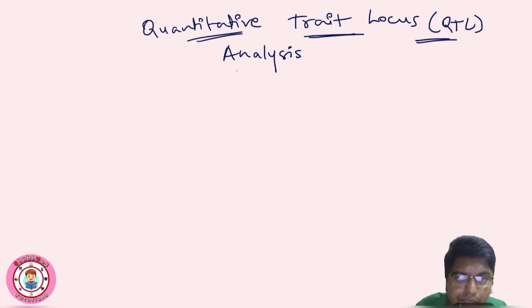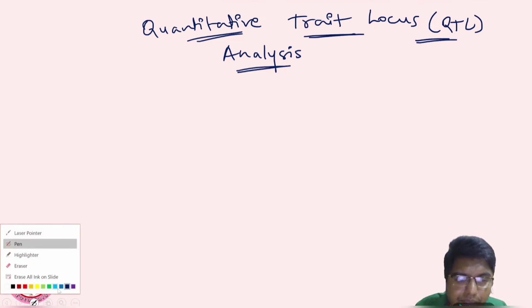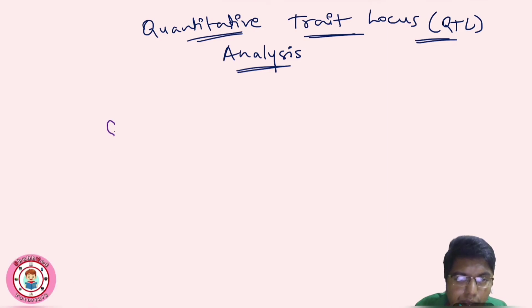Okay, alright. So the regions within the genome responsible for this quantitative trait are known as quantitative trait locus. Suppose I draw here a chromosome, right, and this is a gene segment for the quantitative trait. So this is known as quantitative trait locus.